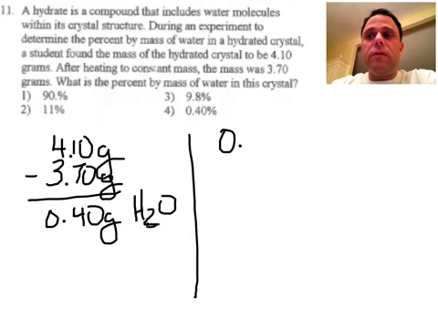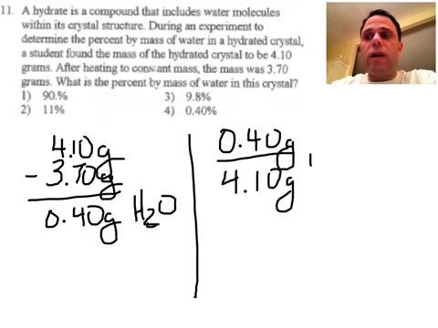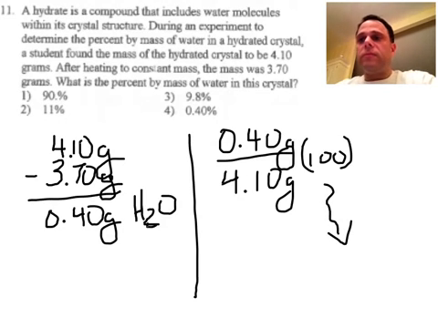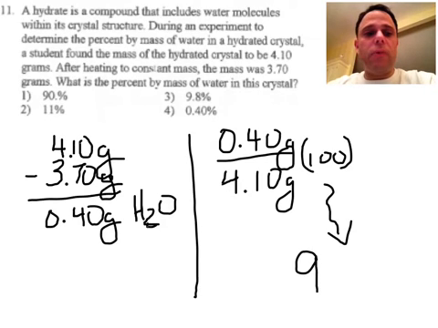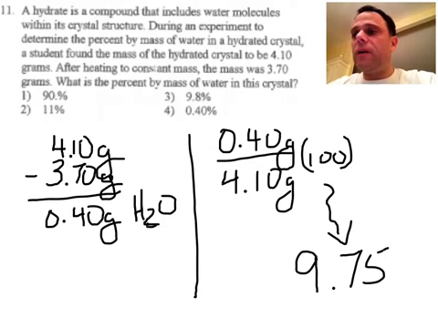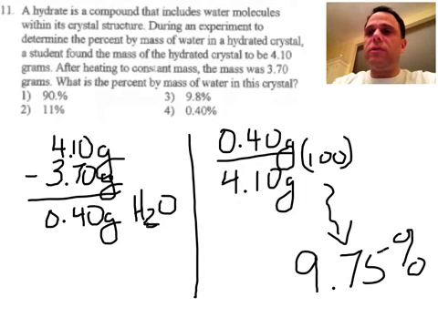So the portion over the whole times 100 would equal, using the calculator here, 0.4 divided by 4.1 times 100, and we get 9.75%. Best fit answer, number 3.